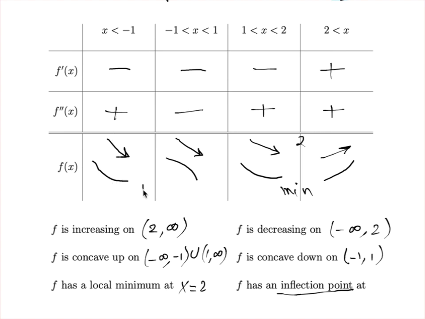So this is an inflection point. And here concavity is downward here, over there is upward. This is another inflection point. So they are at x equals plus or minus 1. So this is a minus 1. This is a plus 1. So plus or minus 1. And that concludes the video.